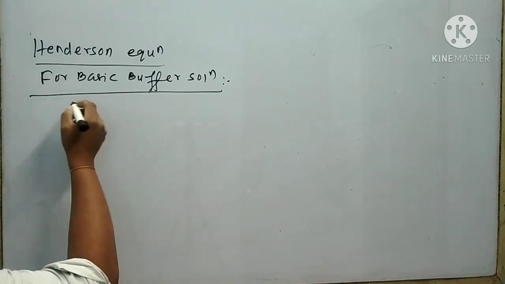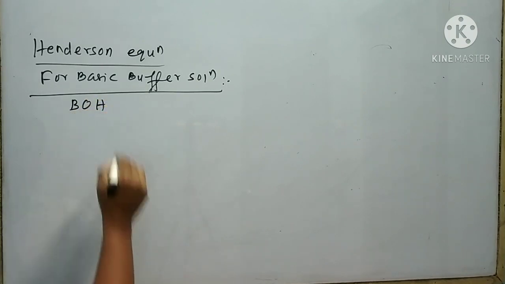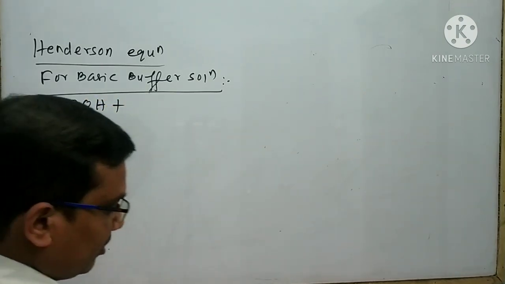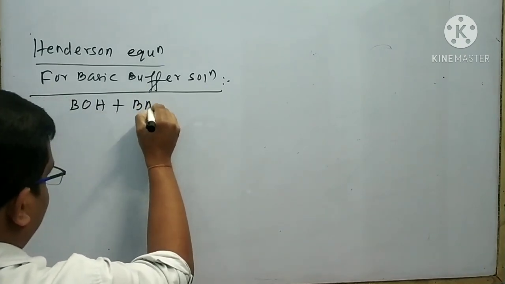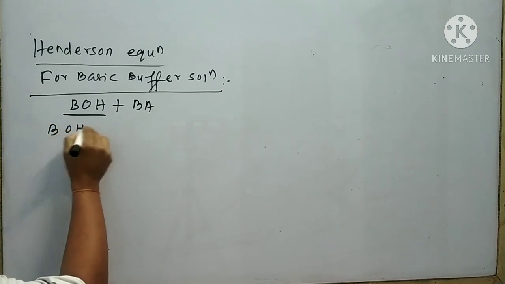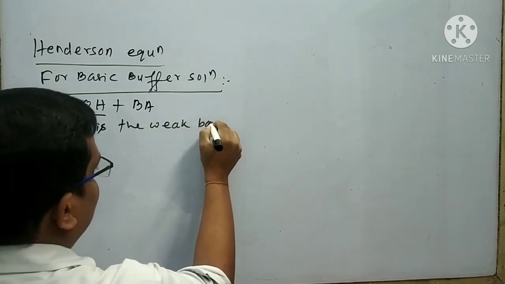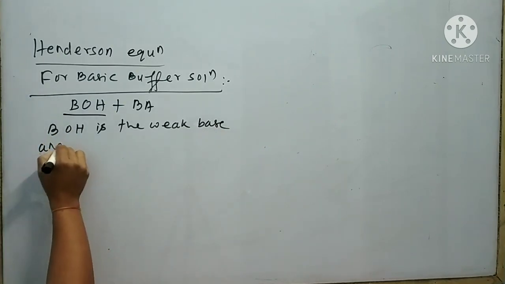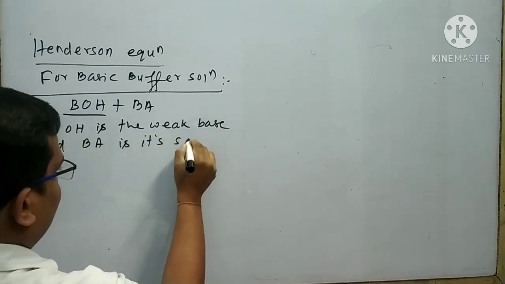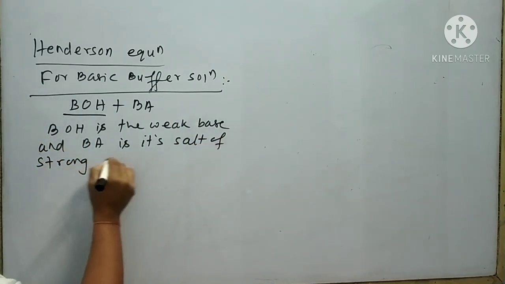Suppose the basic buffer solution is made by the weak base BOH and its salt, BA. Here BOH is the weak base and BA is its salt of strong acid.